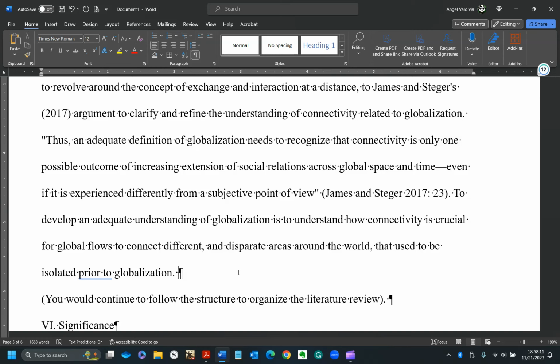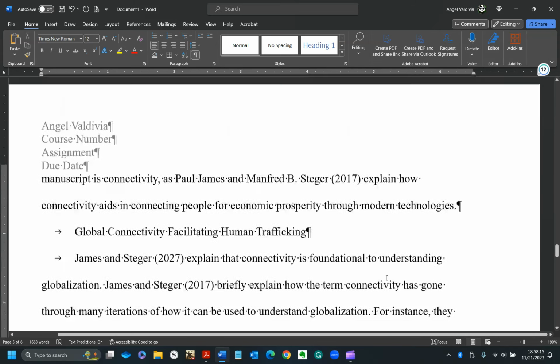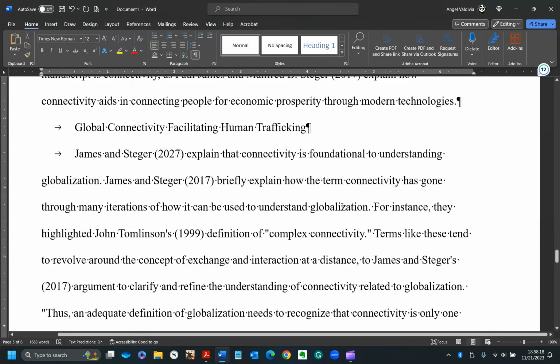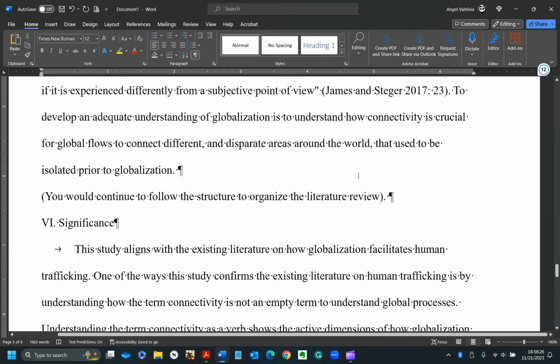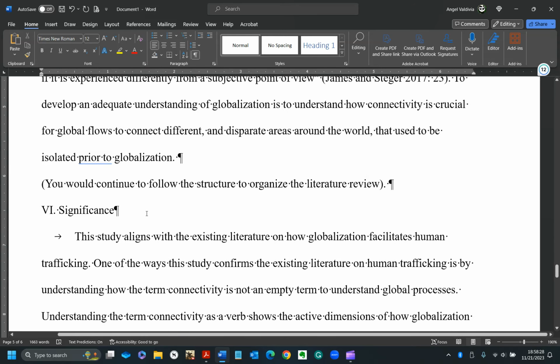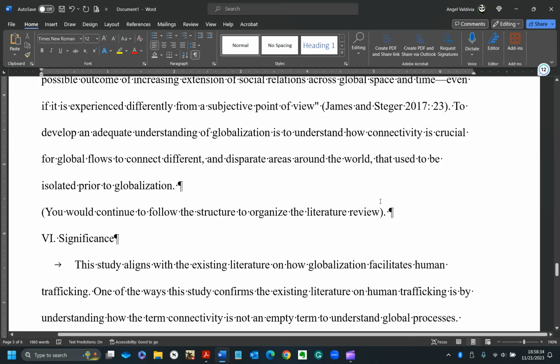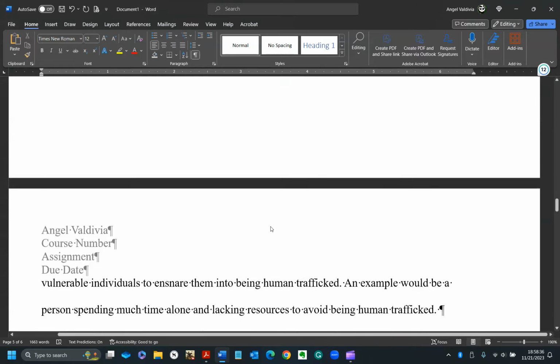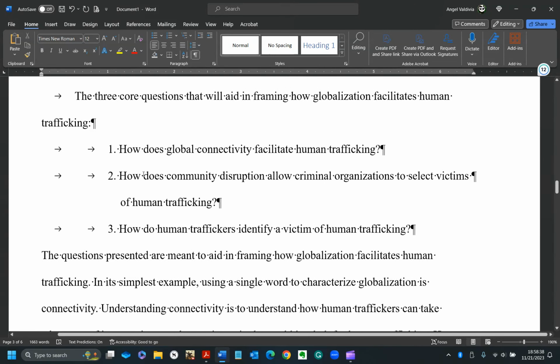Hypothetically, if I were to continue writing this out, this particular subheading would be 2 to 3 pages in length. Once you have written those 2 to 3 pages for that subheading, you're going to do the same thing for the two other questions remaining from your research questions.